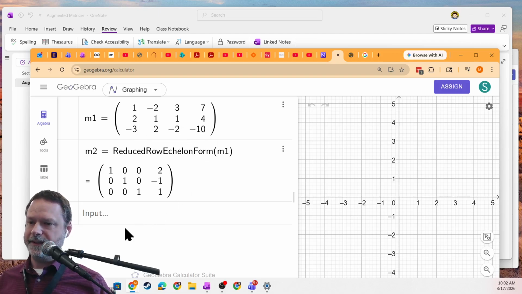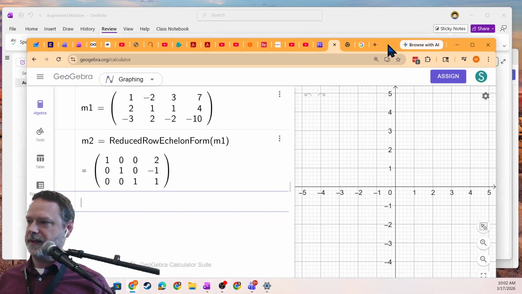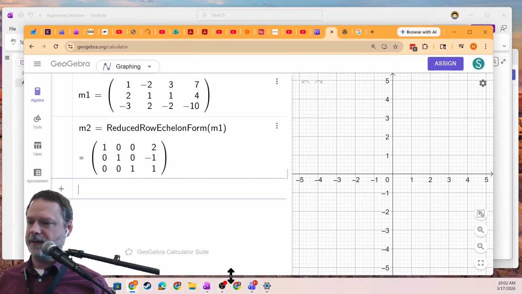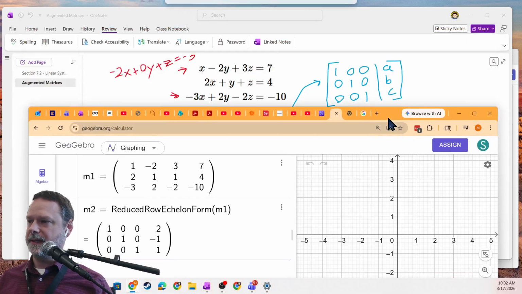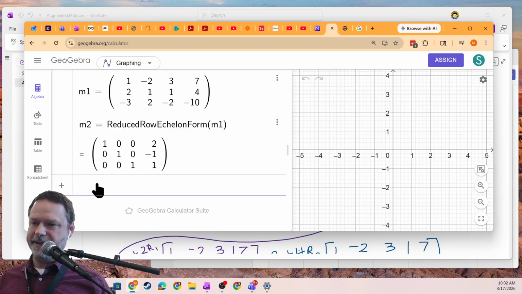The way you do this is you type in, so I did, if you want to see, copy 1, negative 2, 3, 7, 2, 1, 1, 4, negative 3, 2, negative 2, 10, negative 10, bam, right there. It's easy to get a matrix in here.